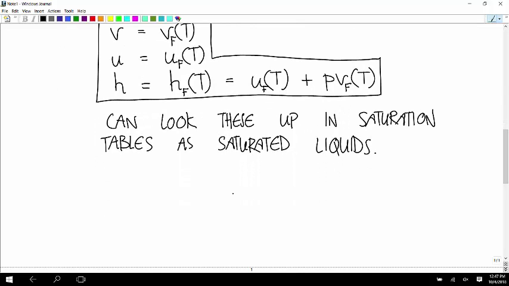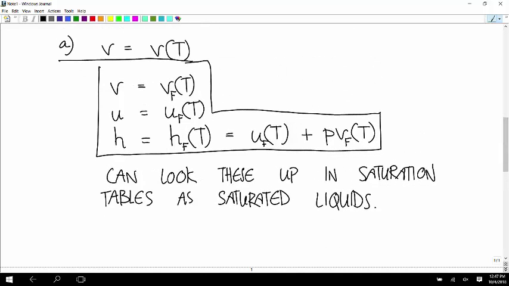Okay, so one of the ways that we can approximate liquids and solids is you can just look up all these values in the saturation table, even though it's a liquid. But if it's a gas, can you do this? No, because this is an approximation for liquids and solids only.